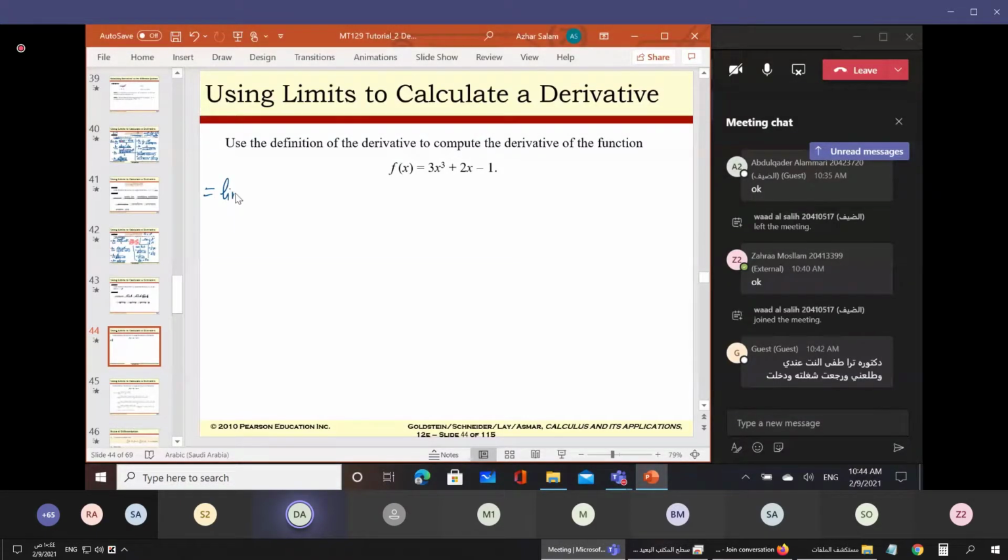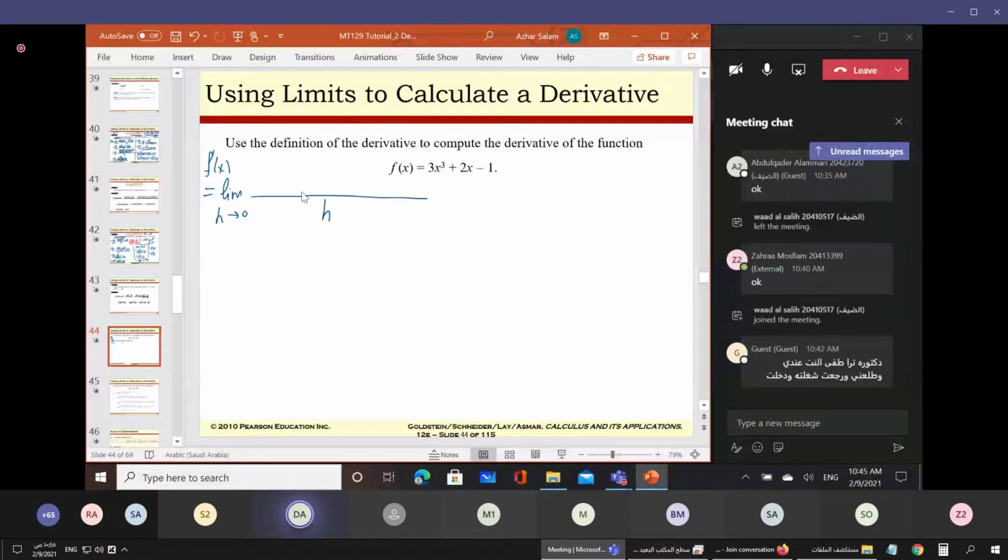So of course, I'm talking here about f dash of x equals the limit when h approaches 0 of the definition, here divided all by h.